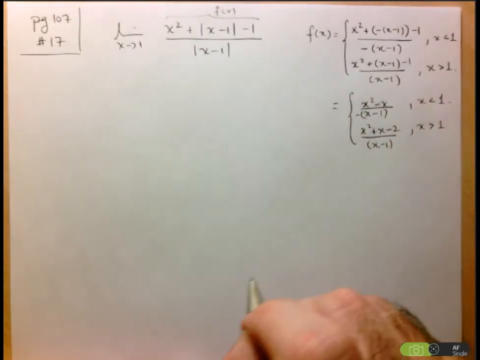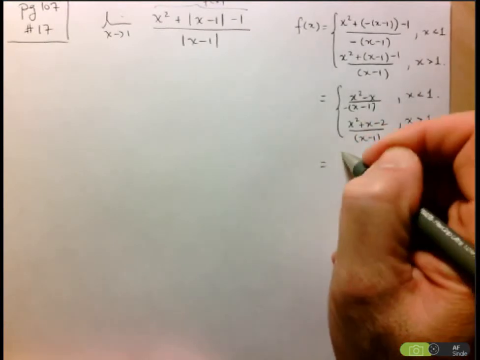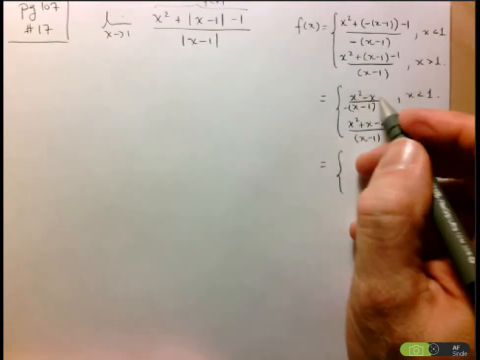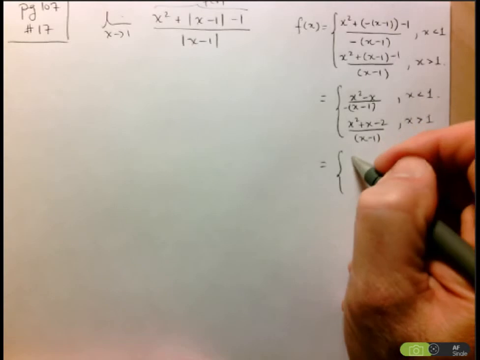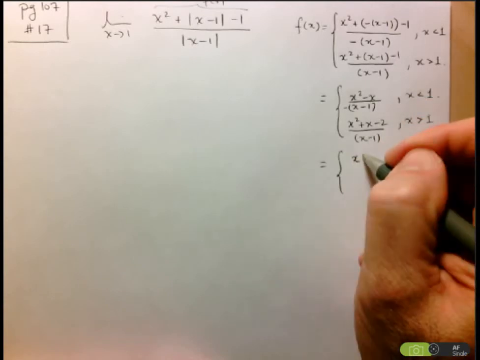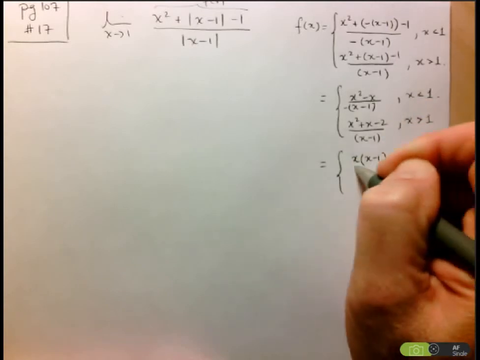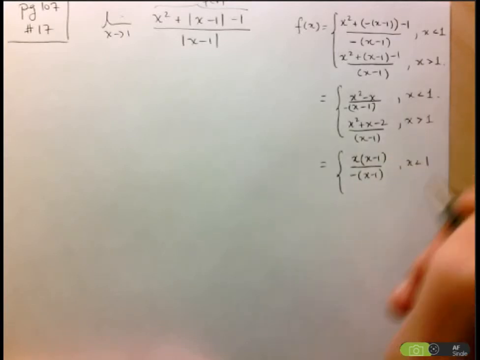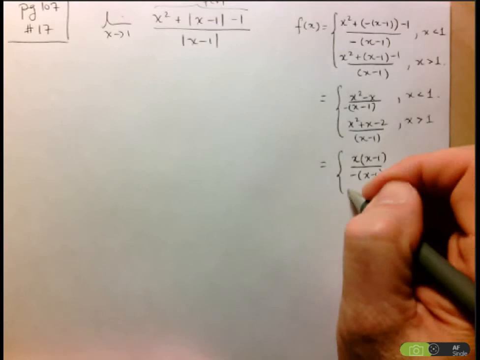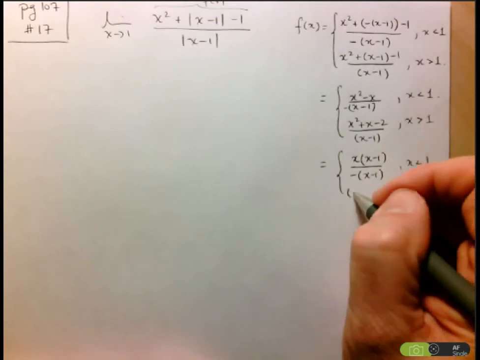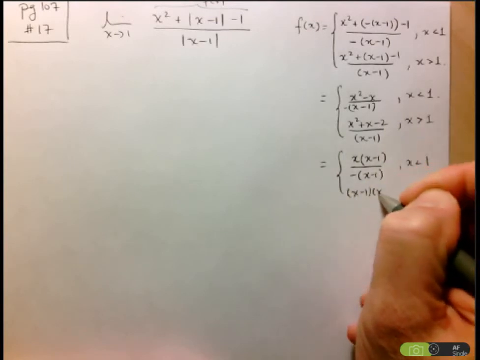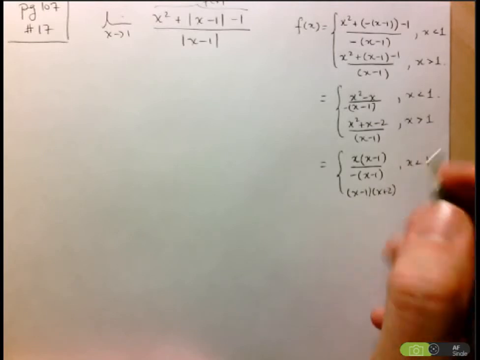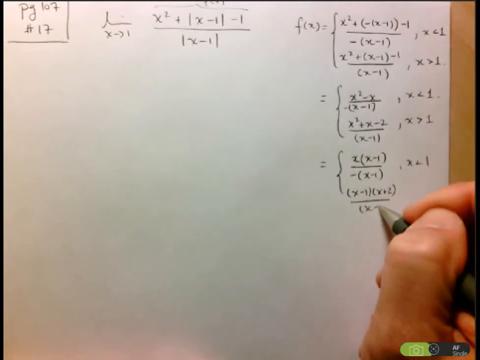And now it looks like I can simplify this even more. Okay, because here I factor out the x, so I'm left with x minus 1 over negative x minus 1. And then here I can do some factoring. This just gives me x minus 1, x plus 2, all over x minus 1.